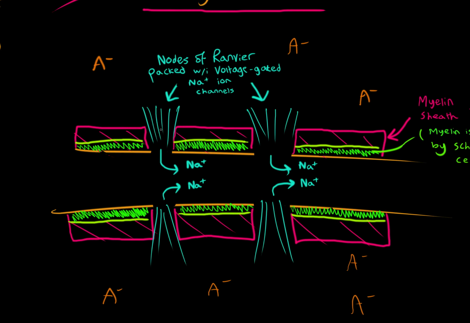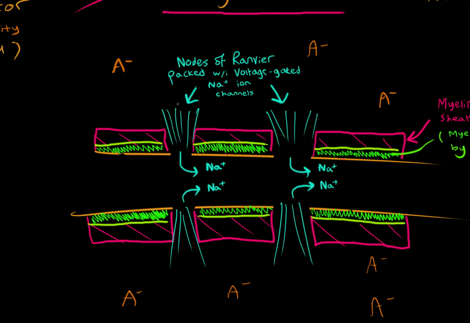Another advancement for A level is that the myelin is discontinuous, and the reason it is discontinuous is because you have these areas where there is no myelin, and myelin is incapable of allowing the membrane to have voltage gated sodium ion channels in it.